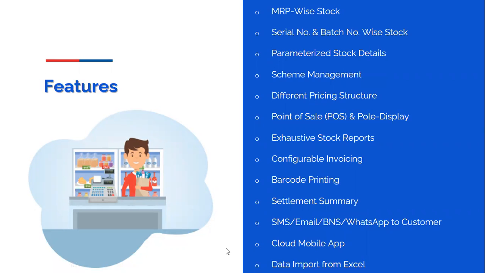Next one is the cloud mobile application. We have recently launched a cloud mobile application. In that mobile application, we can check all kinds of Busy reports: sales report, purchase report, stock report, P&L, balance sheet, amount receivable, etc. All the reports you will get in your cloud mobile application.